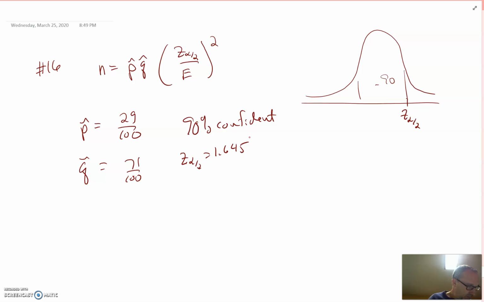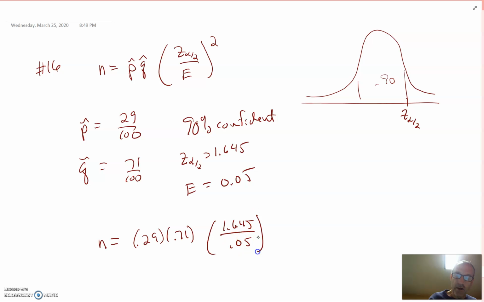And it says within 0.05, that's your E. So n equals 0.29, that's your p hat, q hat 0.71. I just converted it to a decimal. 1.645 over 0.05 squared. Calculate that.